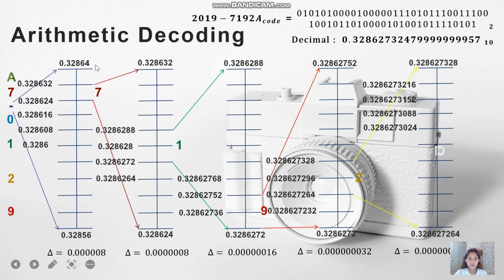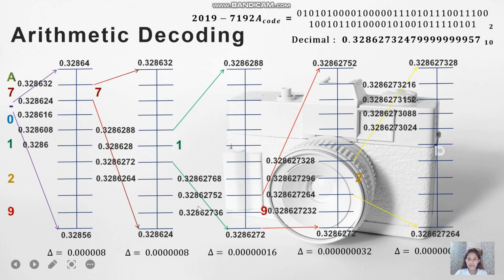Since this number is found in the middle of 0.328632 and 0.32864, we expound it here again. And since we got this value here, we found that these values can be seen at 0.32862888 and in the middle of 0.328672, and then expand it again.